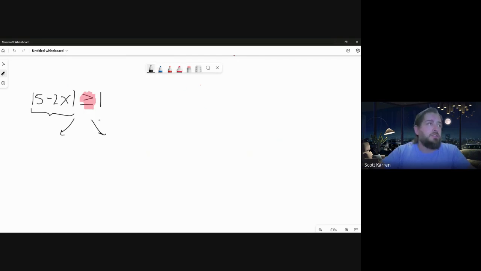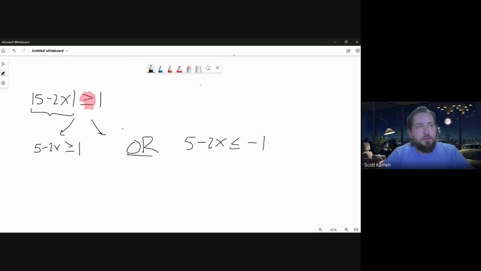And so this turns into 5 minus 2x is greater than or equal to 1, or 5 minus 2x is less than, switch that sign and switch the sign of the number. And so I just solve each one of these.